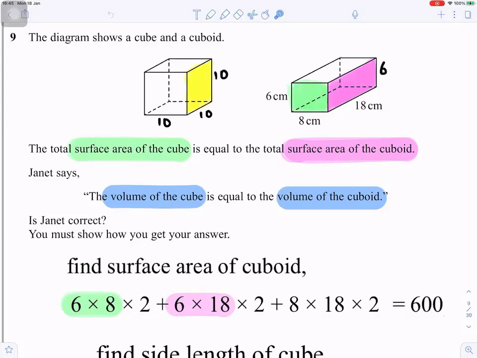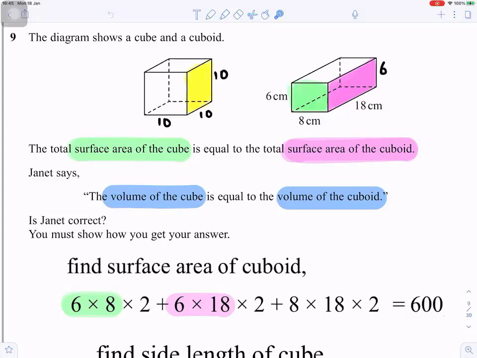And the area for the front of that cuboid is 6 times 8, length times width. And because there's the front and the back, you times by 2. And you do the same for all the other sides.